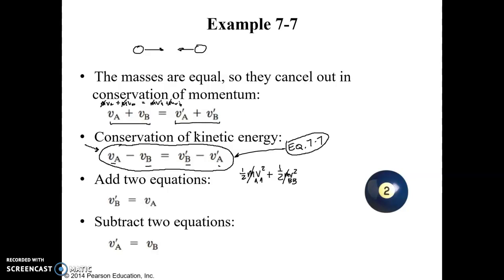We end up with 2 velocity prime B. We divide both sides by 2 and end up with this equation. If we subtract these two equations from each other, we end up with this. So the conclusion we're drawing is that the final velocity of object B is equal to the initial velocity of object A, and the final velocity of A will equal the initial velocity of B.